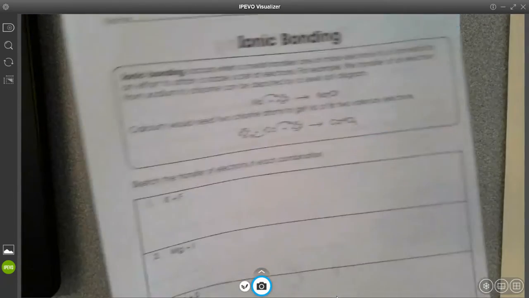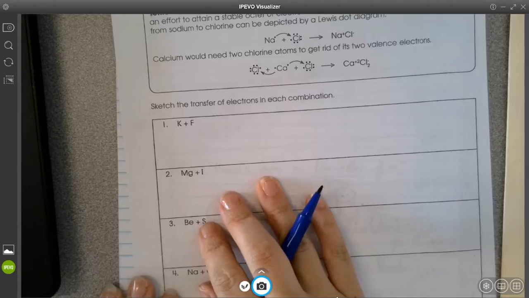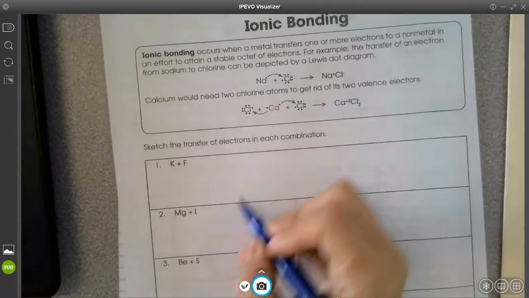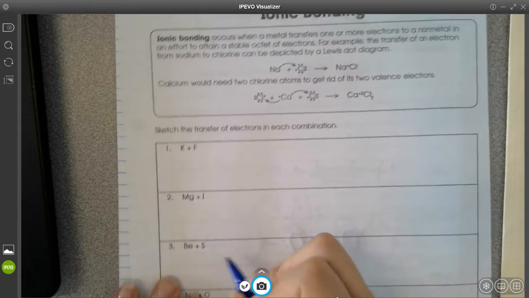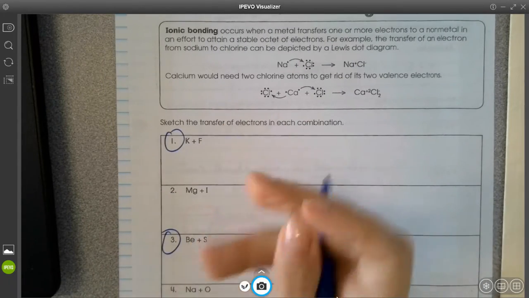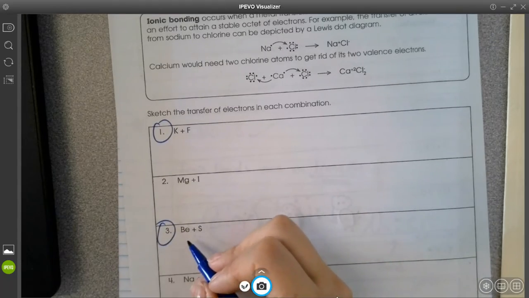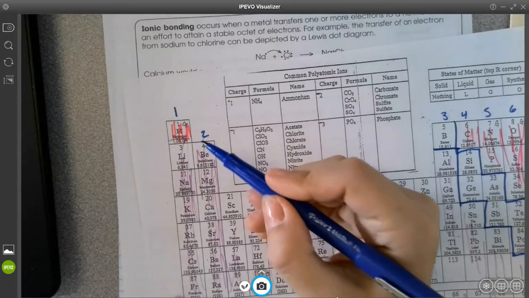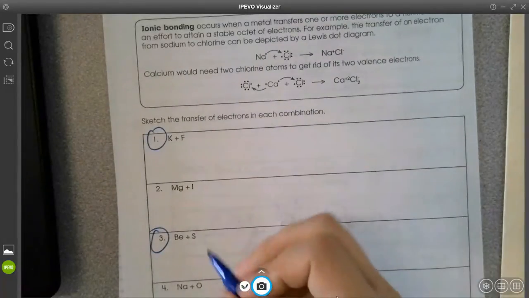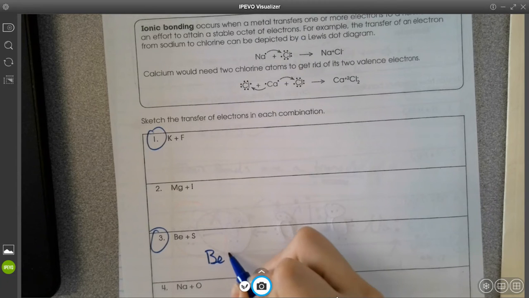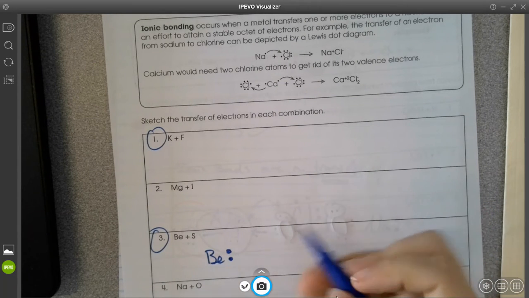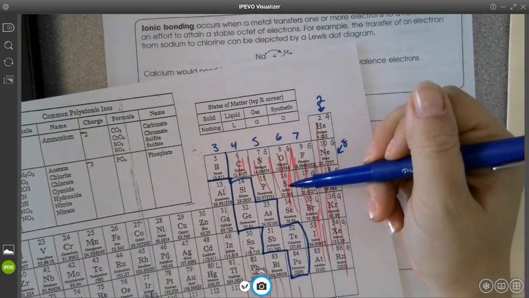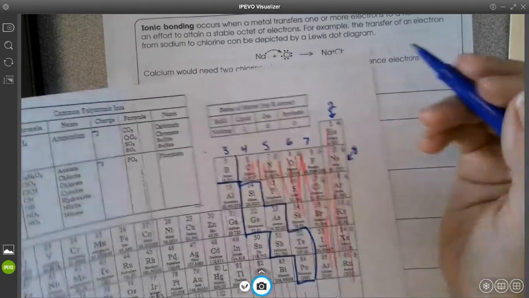So if I look at my ionic bonding, this is still part of the handout. I have BeS and question 1. They both kind of go the same way. If I look at Be on the periodic table, Be is right here, so therefore it has 2 valence electrons. So Be, 2 valence electrons. Sulfur, family 16, will have 6 valence electrons.